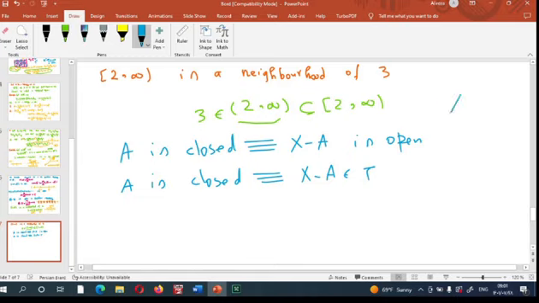All of this is in a fixed topological space. Okay, in a topological space.